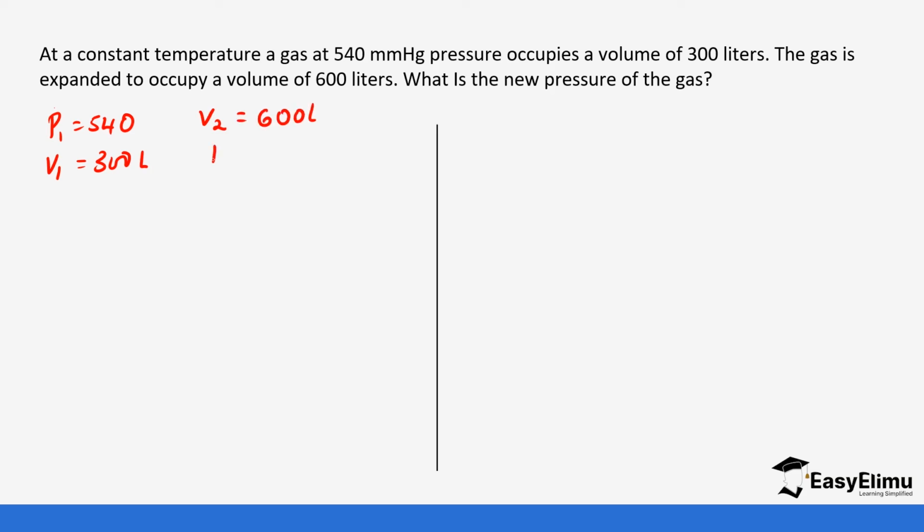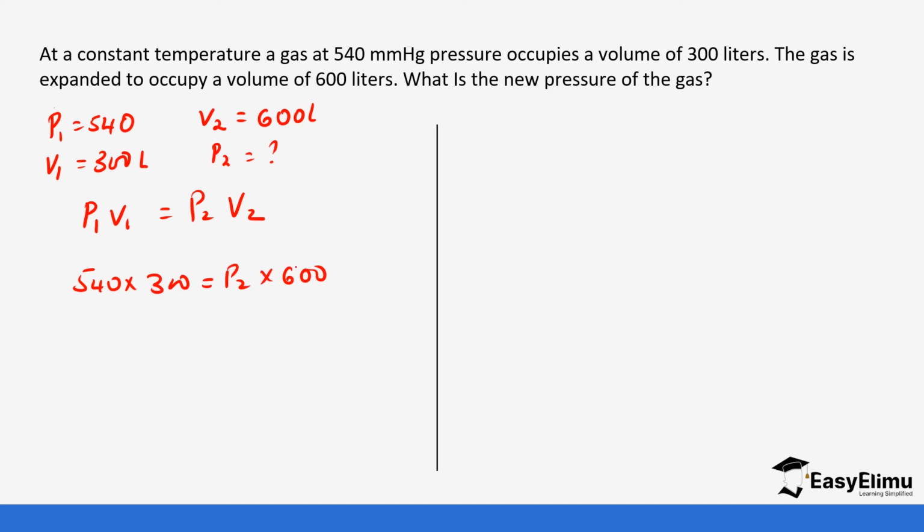What is the new pressure? So P2 is what we are looking for. So we said the formula is P1 V1 is equal to P2 V2. So our P1 is 540 times our V1 is 300 is equal to P2, which we don't know, times 600.